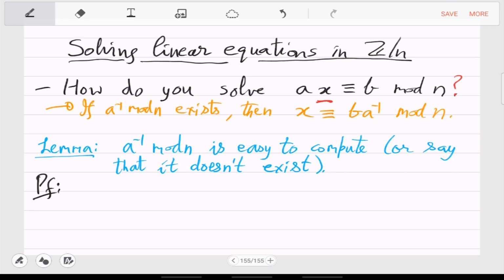So the idea will be again contained in Euclid GCD algorithm. Okay, so what you do is use Euclid GCD algorithm to write, basically you will compute GCD of the numbers which are given. So you have A and N, you apply Euclid GCD.